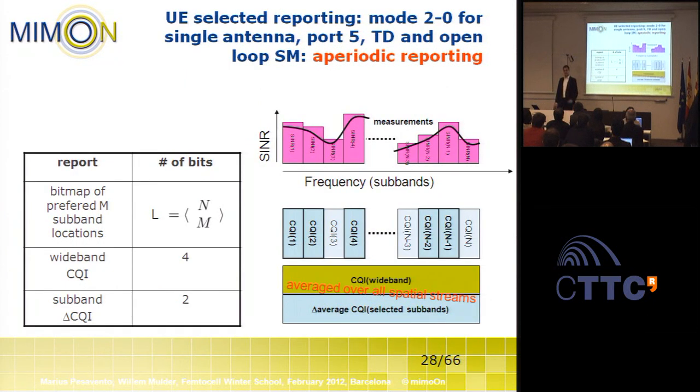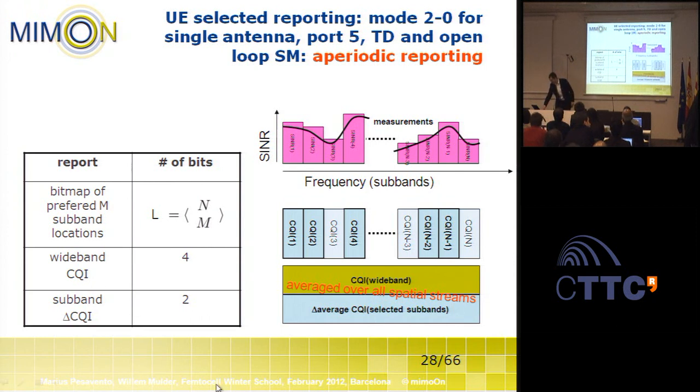There's another reporting mode in LTE that is based on a selection of the best subchannels. That is, this selection is performed by the user equipment. After taking all these measurements of the channel, the user equipment can create a bitmap of subchannels, and this bitmap is sent to the base station.